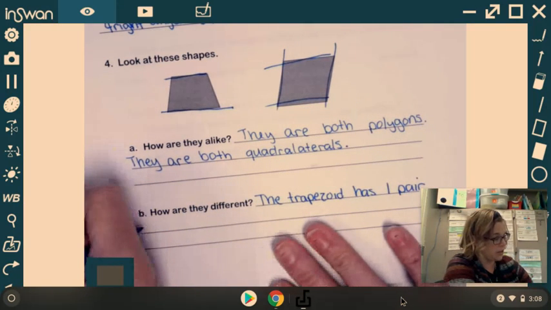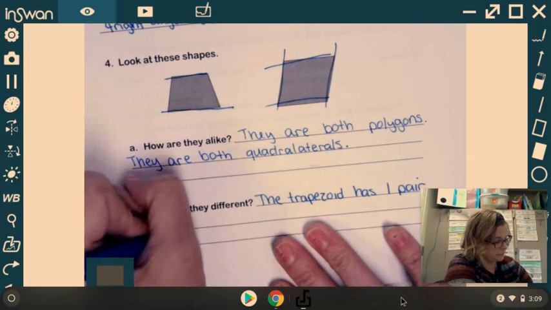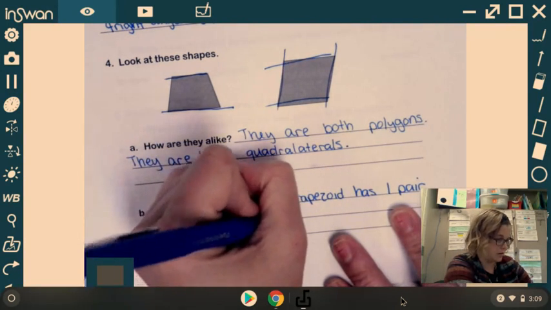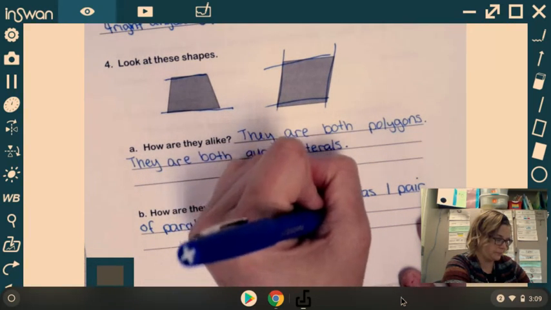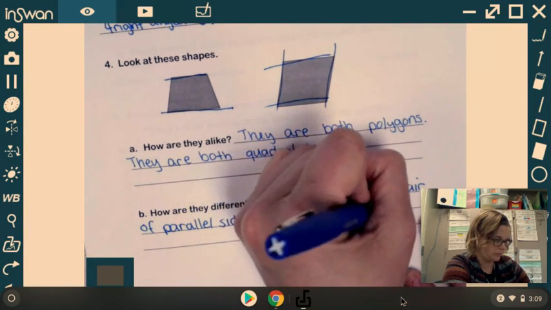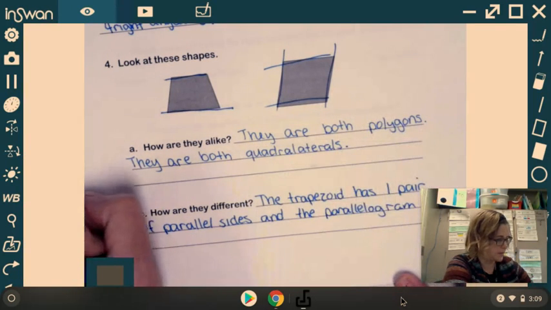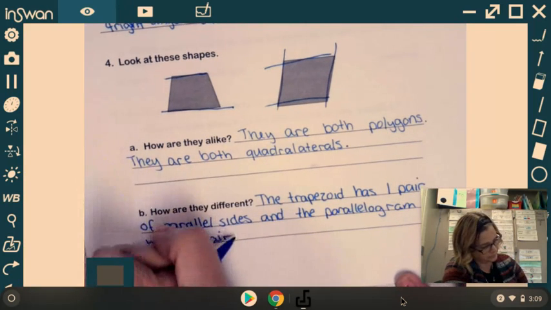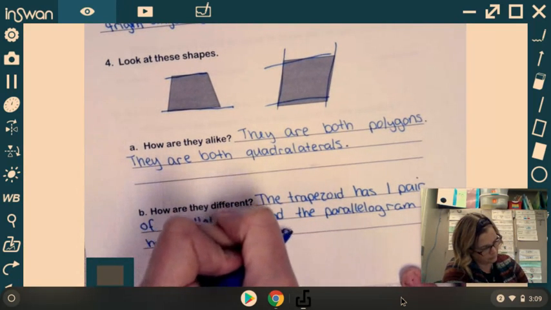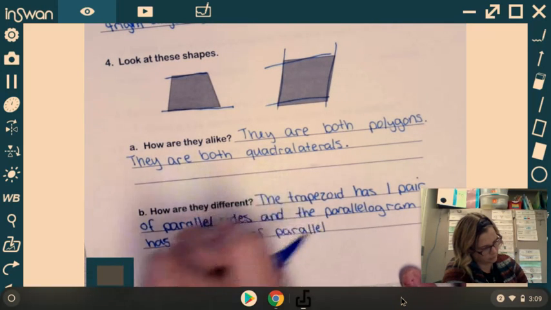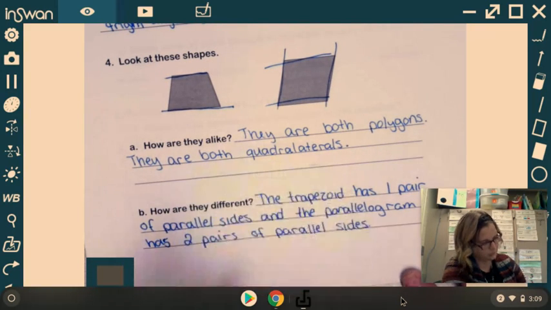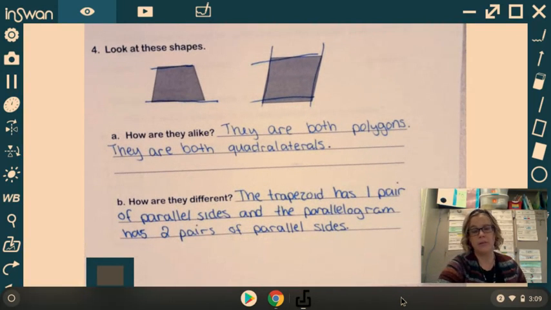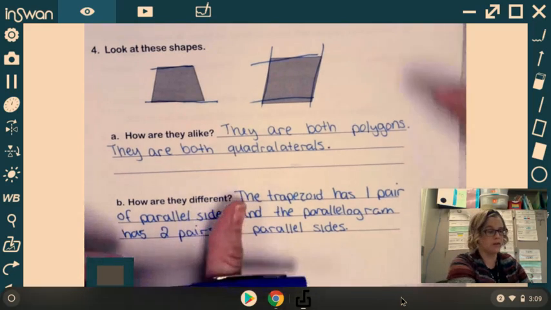The trapezoid has one pair of parallel sides and the parallelogram has two pairs of parallel sides. That is how they are different.